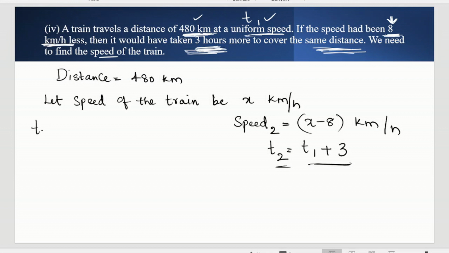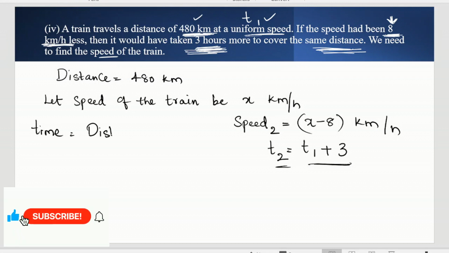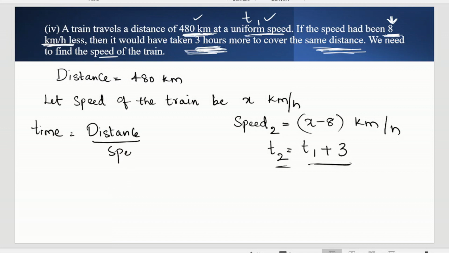So here we know the time formula, that is distance by speed. For the first scenario, that is T1, distance is 480, 480 by speed x. And for the second scenario, time T2, distance is the same, which is 480.